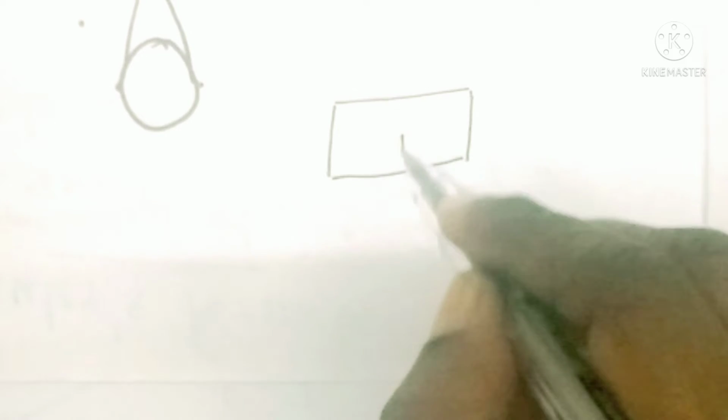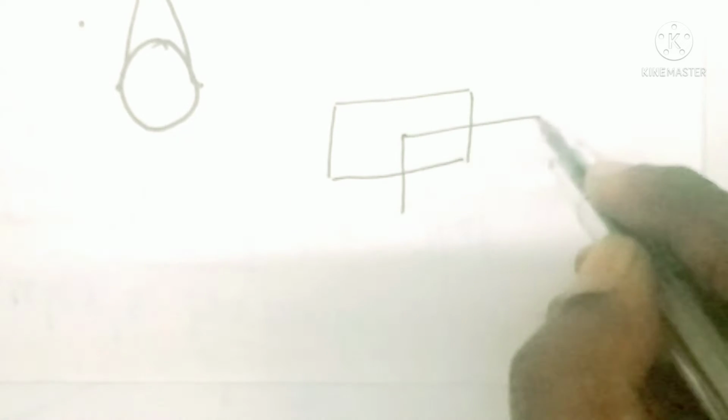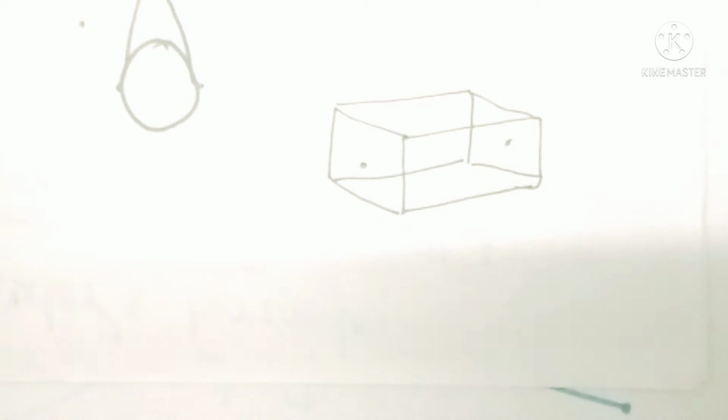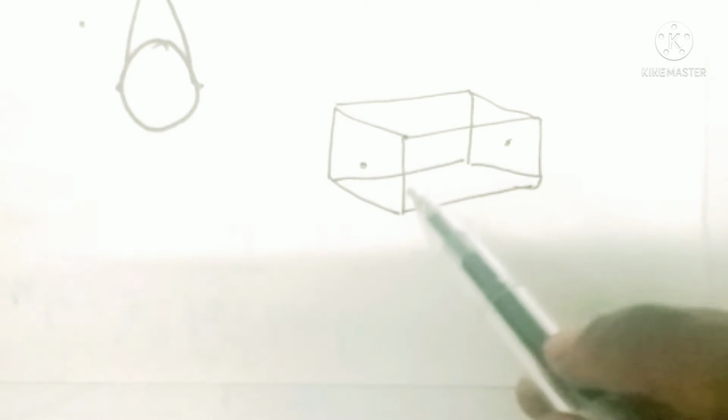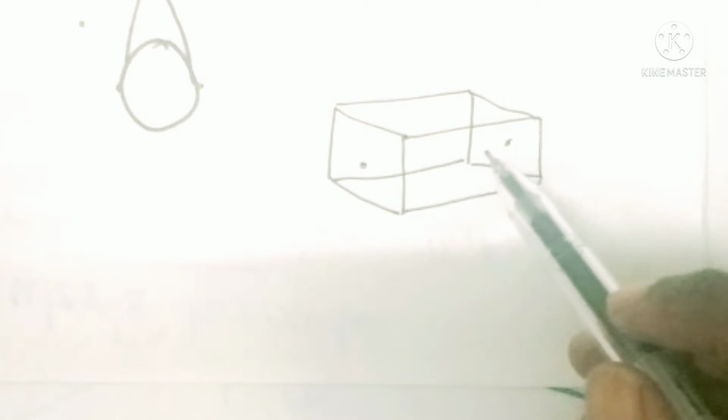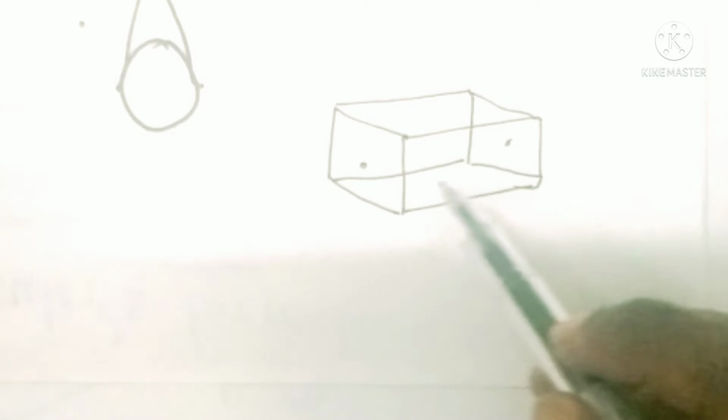If you take a cuboid, this side and this side, they may be square. So it is a square prism, but it is not a cube, it is a cuboid. So it is not compulsorily a cube, it can be a cuboid also.